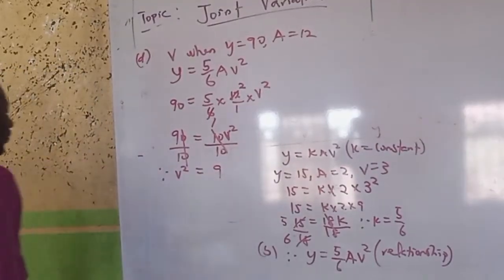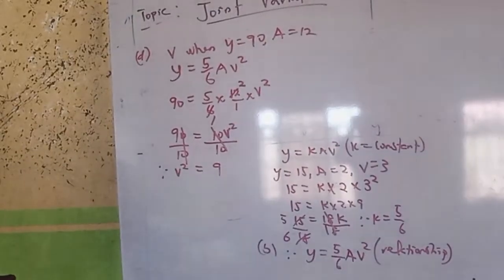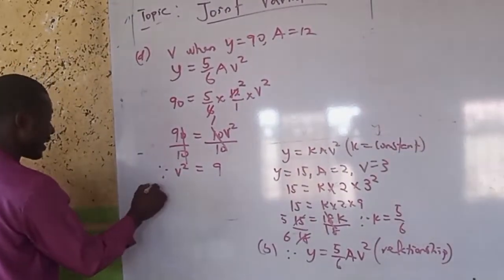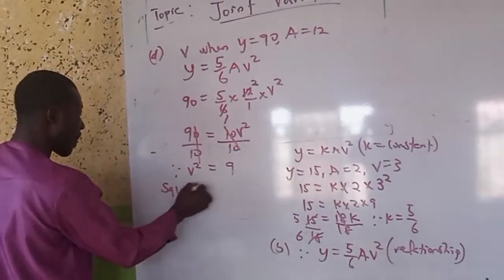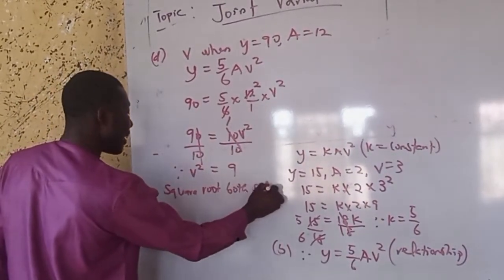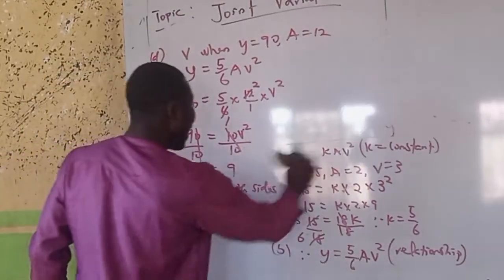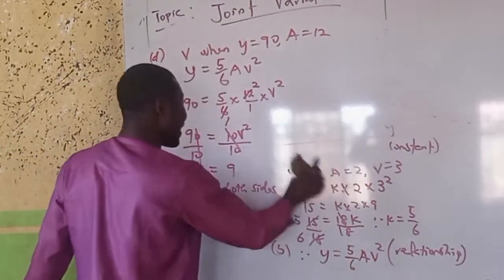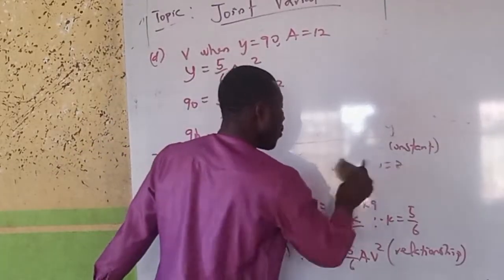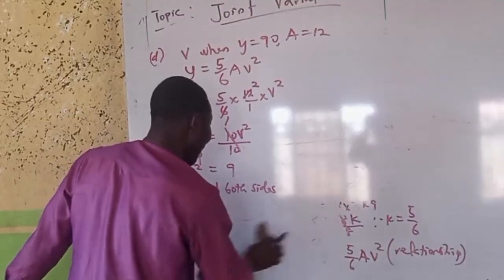And how do we remove this square? As we all know, we find the square root of both sides. Why are we taking the square root? When you want to eliminate a square, you take the square root. But when you want to eliminate a square root, you square both sides.